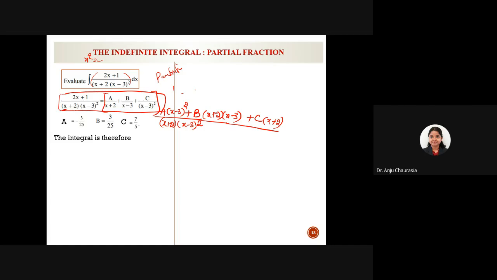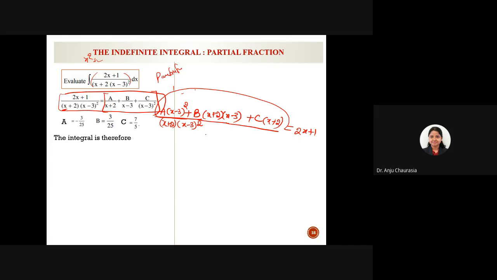So students, this term is equal to this term. If two fractions are equal, the numerators will be equal and the denominators will be equal. So I can say this portion is equal to 2x plus 1. So when two expressions are equal, we can compare the constants.